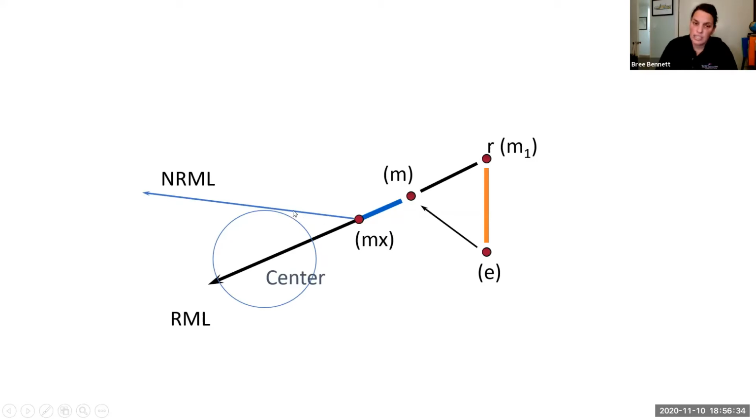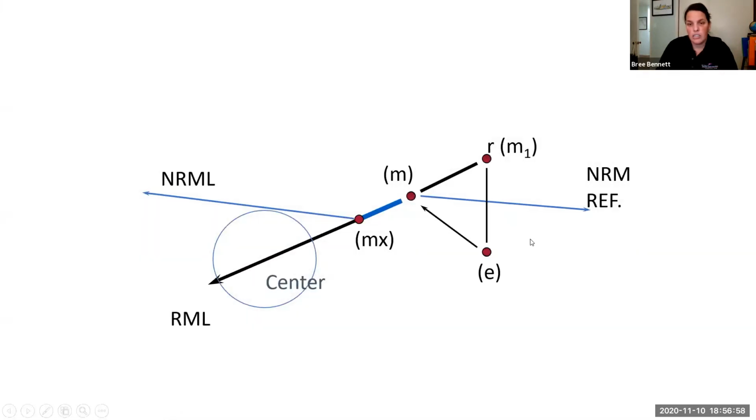I'm going to move this line back to the other M and draw it the opposite way. So that is my new relative motion line. It is going that way. So now I have E. Here's my relative motion line. So my R needs to be somewhere on this line.